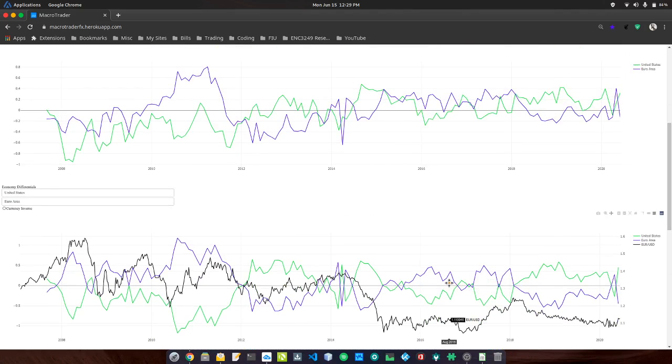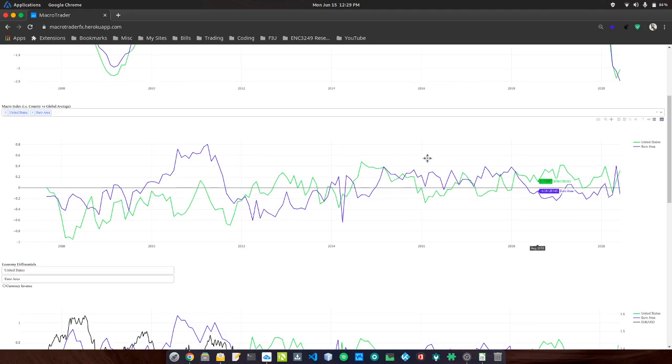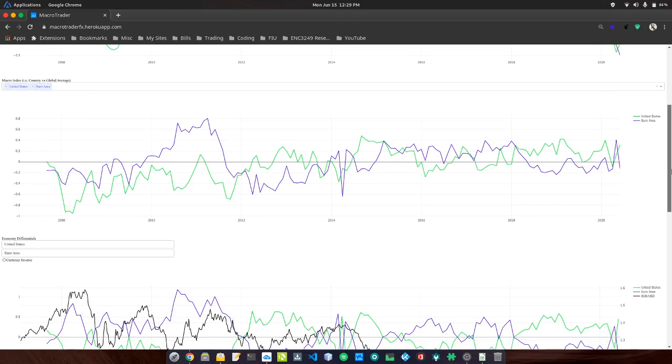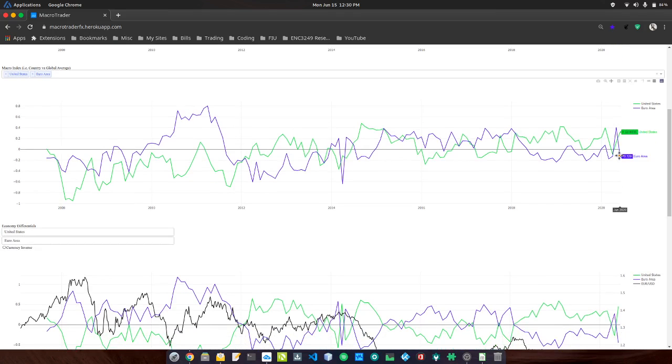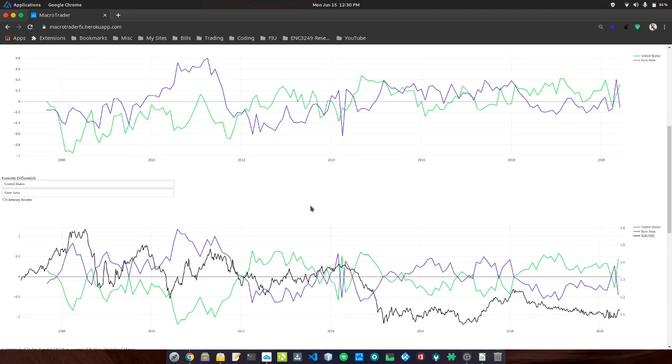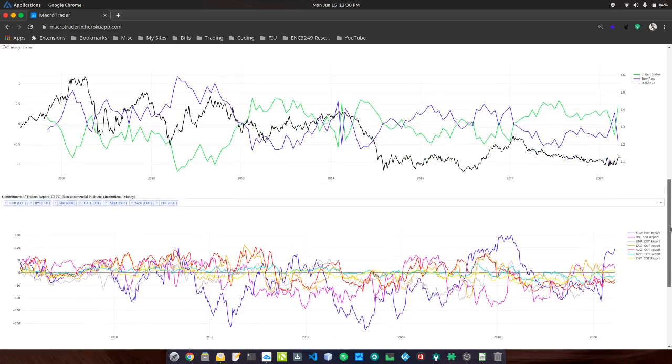This here, the differentials, is basically just a more refined look of the index of how well one does against the global economy. So here, Euro is now again doing worse. The Eurozone is doing worse, which is the zero line in the global economy. US doing a bit better. Pitted against each other in a more in-depth look.